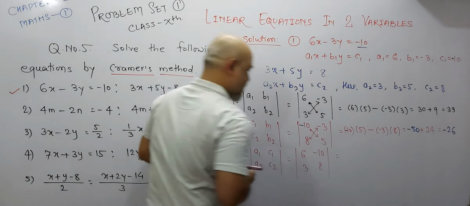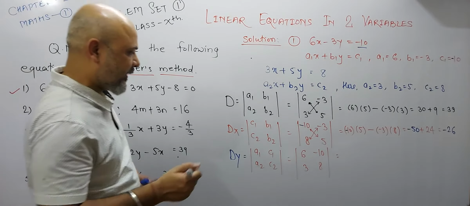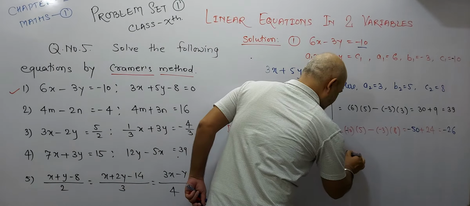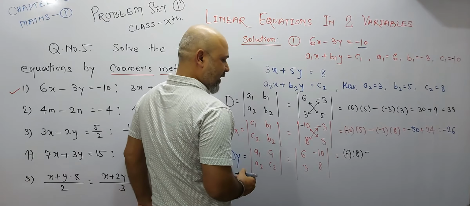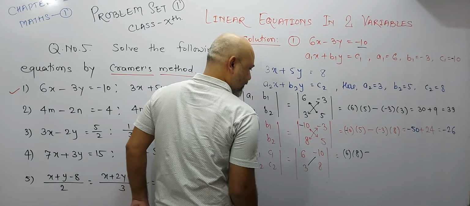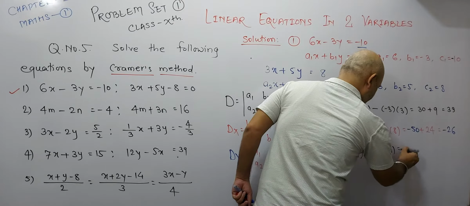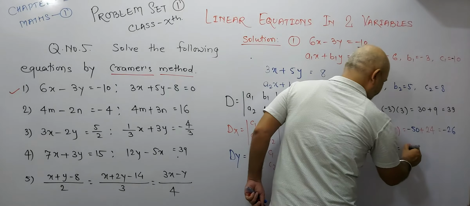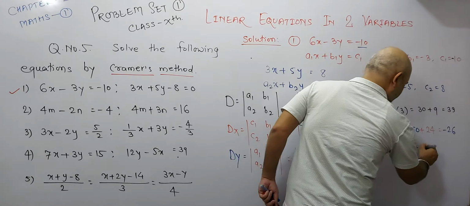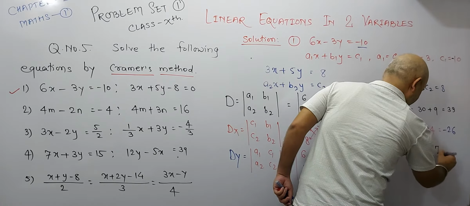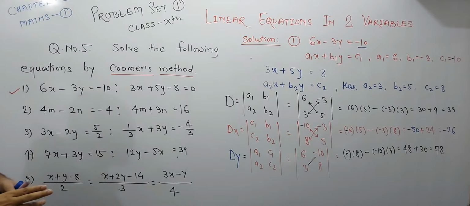Now you will solve this determinant. By cross multiplication, 6 multiplied by 8, then minus sign, minus 10 multiplied by 3. So 6 eights are 48, minus minus plus 10 threes are 30. So this will be 78. So the value of Dy is 78.